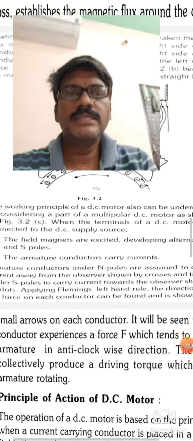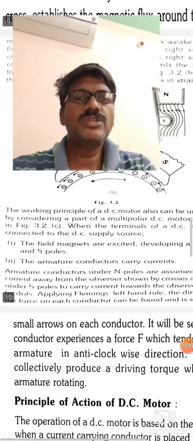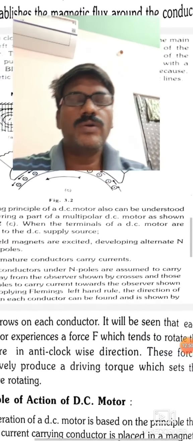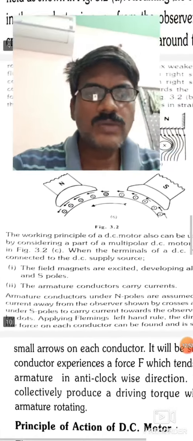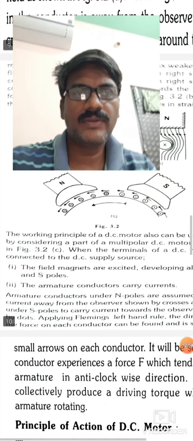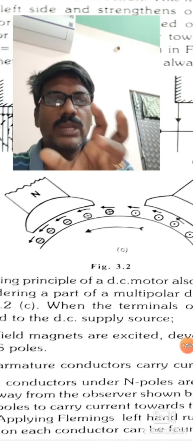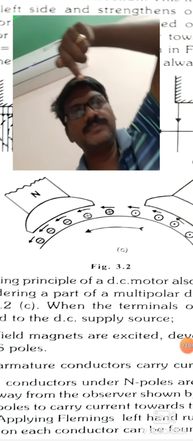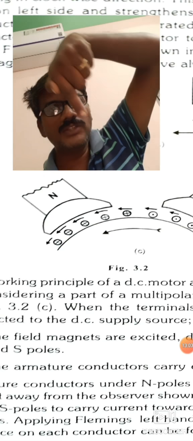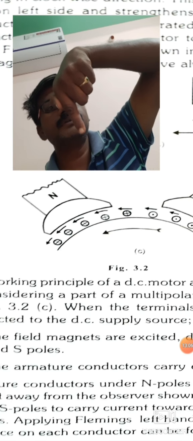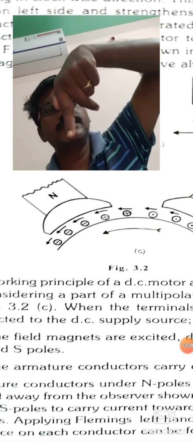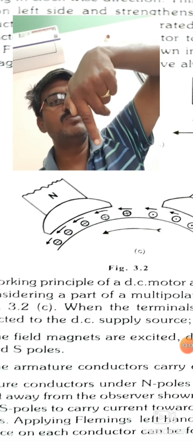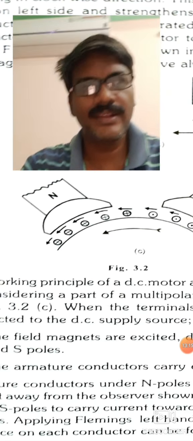So applying Fleming's left hand rule, the direction of the force on each conductor can be found. Let us consider only the cross conductors. This is the magnetic field direction, north pole, and the current is a cross, into the board. Sorry, left hand, I was taking the right hand.